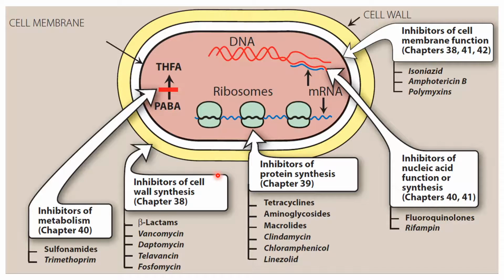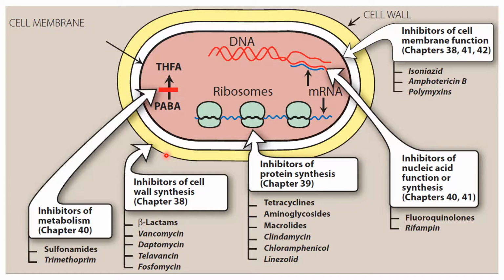So the second is the inhibitors of the cell wall synthesis, and this is the largest group and the most commonly used group as well. For most of the mild infections and light infections, the cell wall inhibitors will be used.